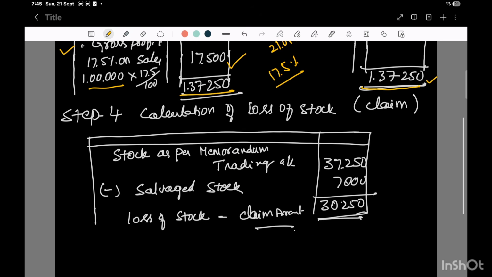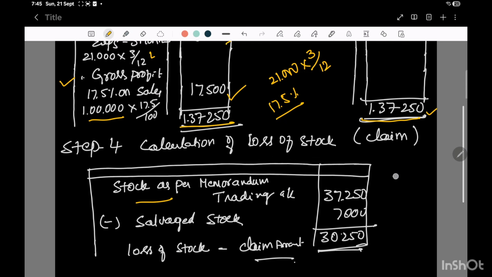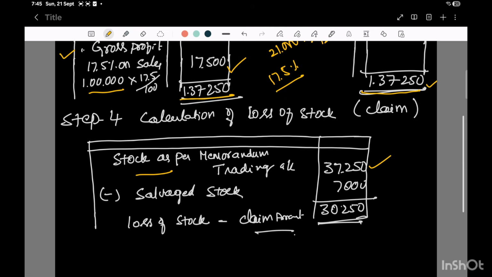It's step 4, calculation of loss of stock. Stock is taken based on this memorandum trading account, that's 37,250. And stock saved from the fire, out of the fire we have got some 7,000, that is subtracted, so that you'll get a loss of stock, that is 30,250.